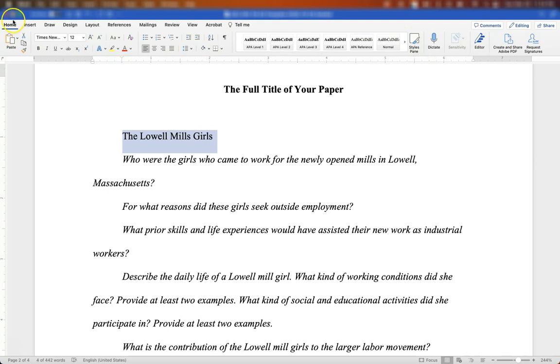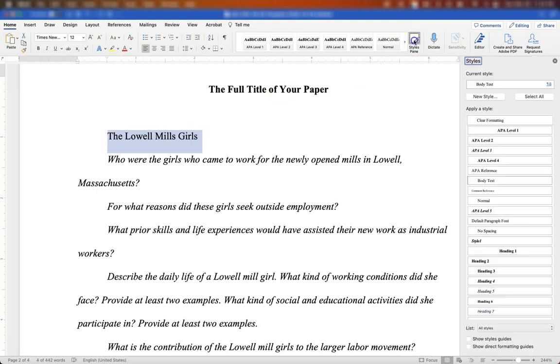We're in the home part of the ribbon, and you can see this button for the styles pane, which will let us see some of the styles available, and when you have something selected or clicked onto the appropriate line, you can go ahead and just select the style. And so APA Level 1, you can see that it automatically gets centered and bolded. I need to do the capitalization myself, but the rest it will do for you.